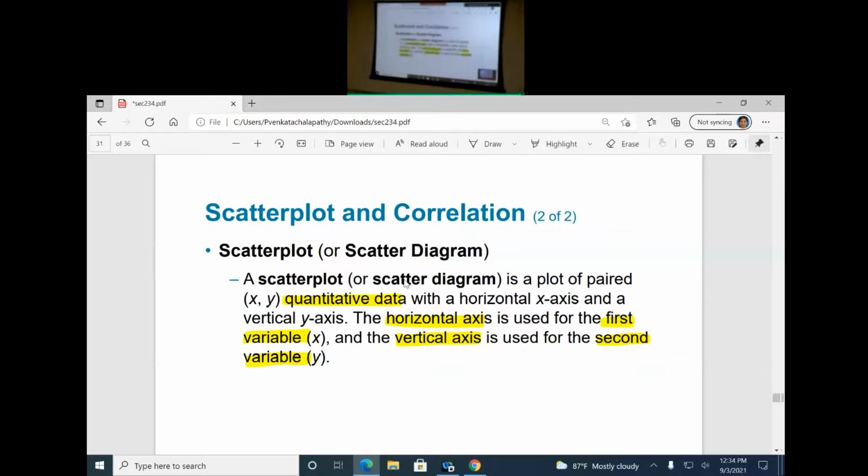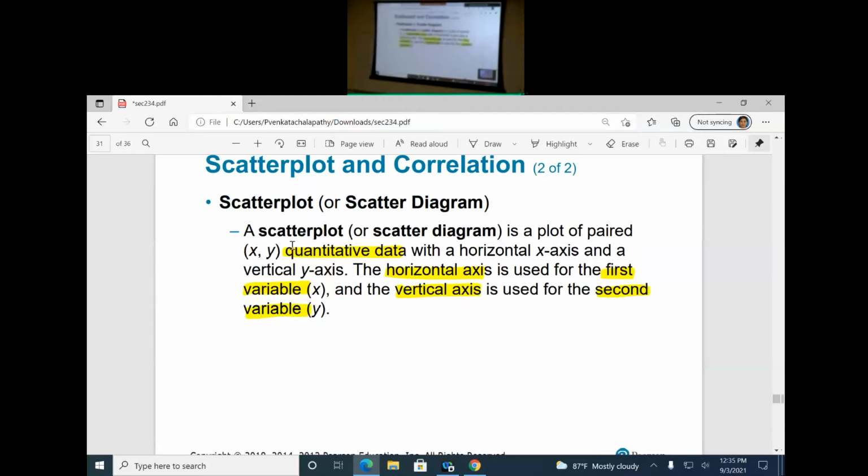You will be drawing scatterplot, dot plot, stem and leaf, and histogram in your labs.